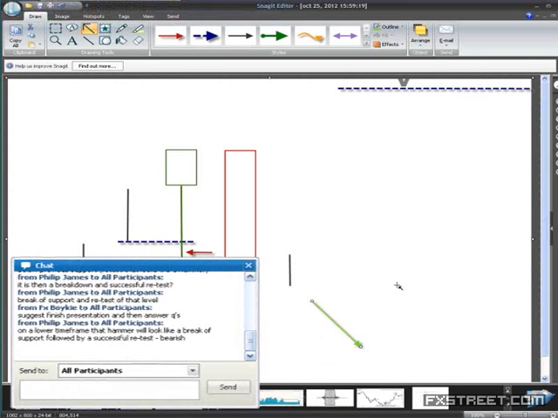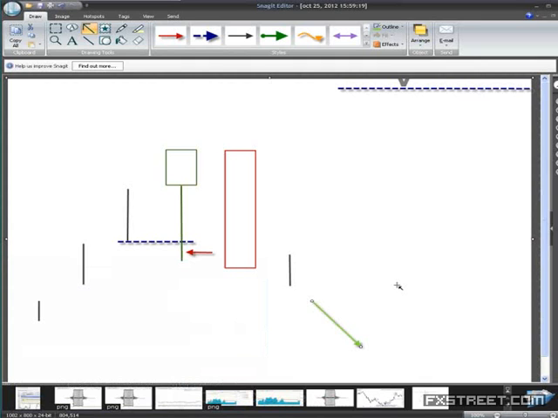On a lower time frame, that hammer will look like a break of support followed by a successful retest. Yes, and that shadow could look like a V-shaped chart, or price action.